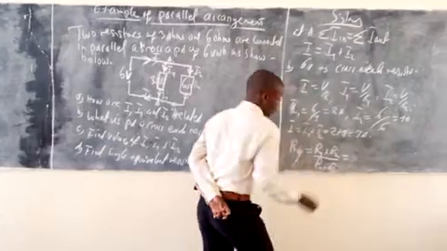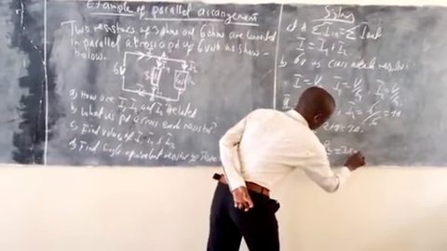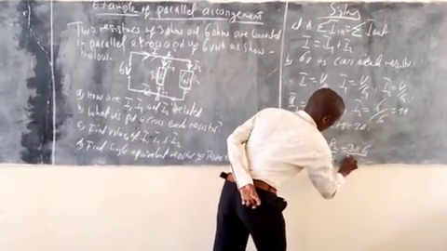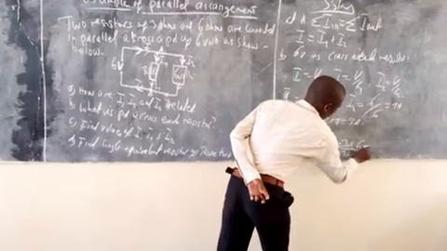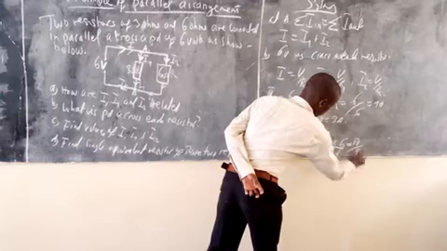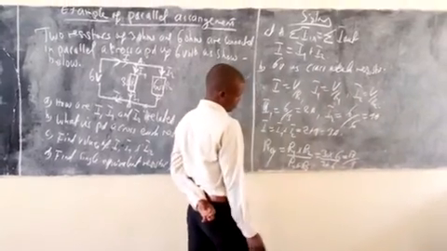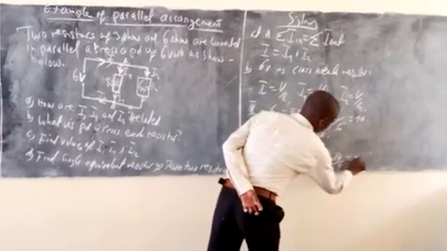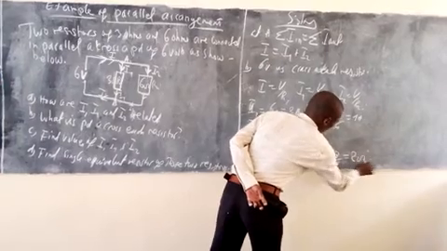So this will be equal to 3 times 6 divided by 3 plus 6, which is 18 divided by 9. So it is 2 ohm.